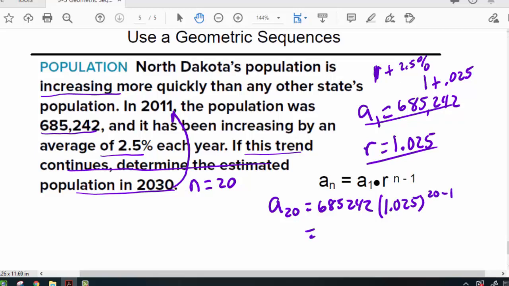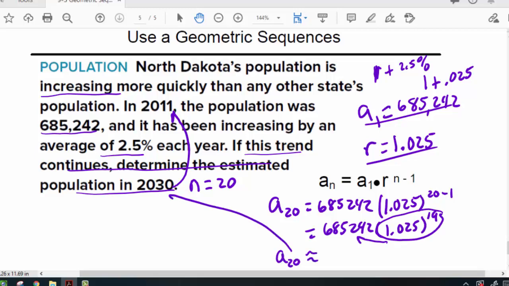We'll simplify that a little bit: 685,242 times 1.025 to the 19th power is what we're really looking for. Now make sure you use a calculator for this. Do the exponent first, and then times that by this number. And the 20th term, remember the 20th term is representing 2030, is approximately equal to 1,095,462.